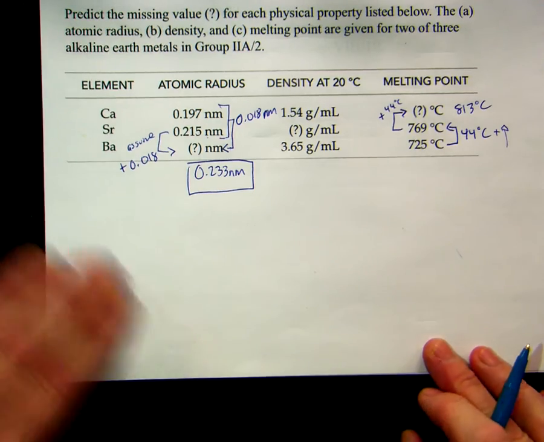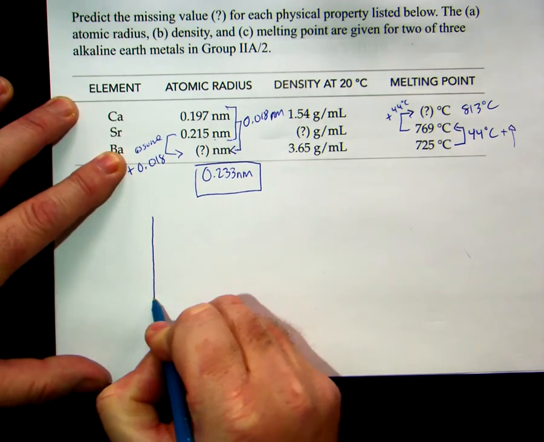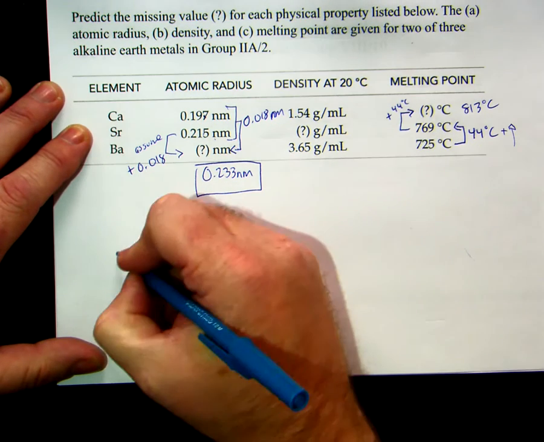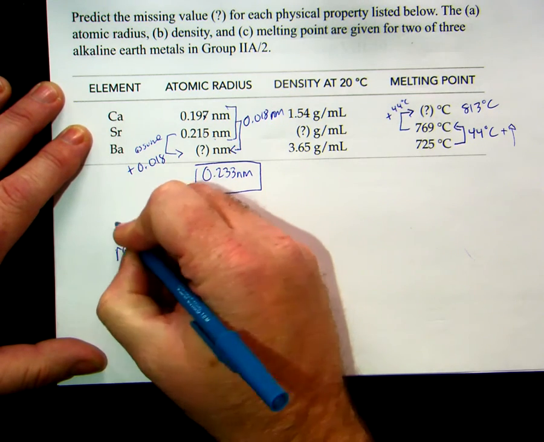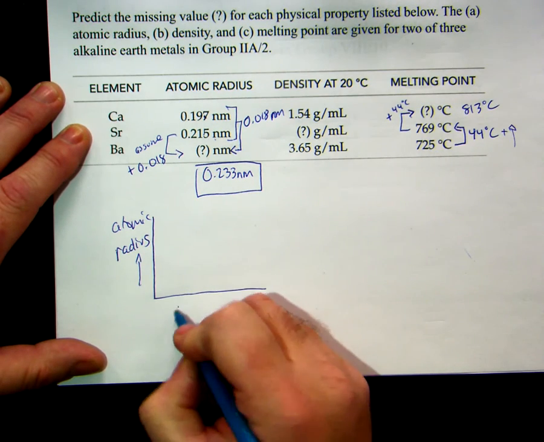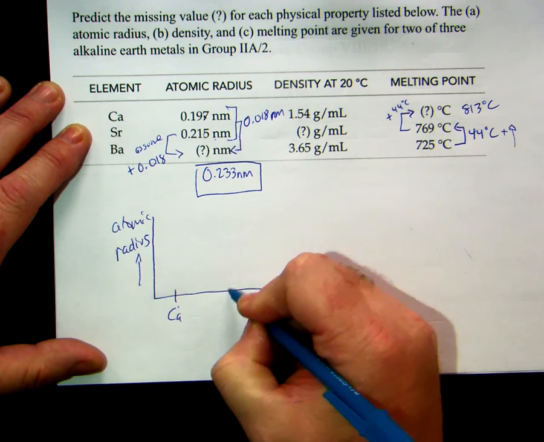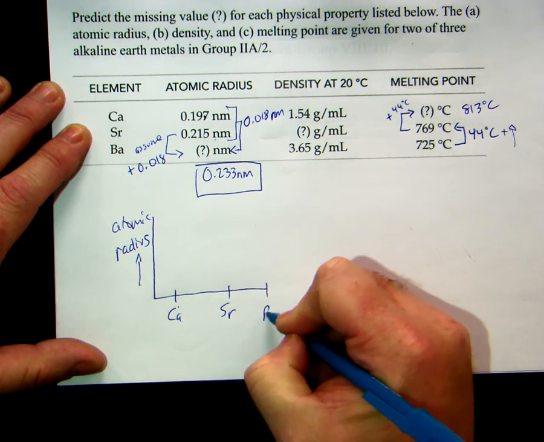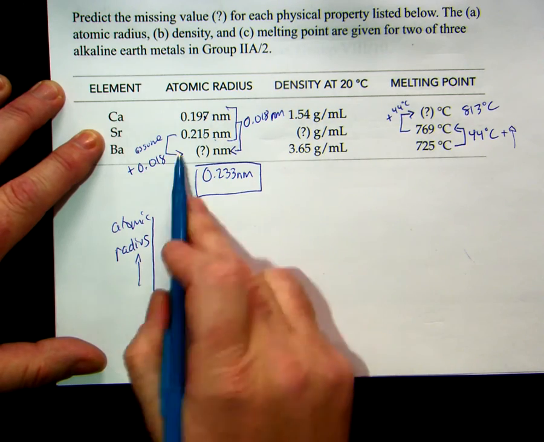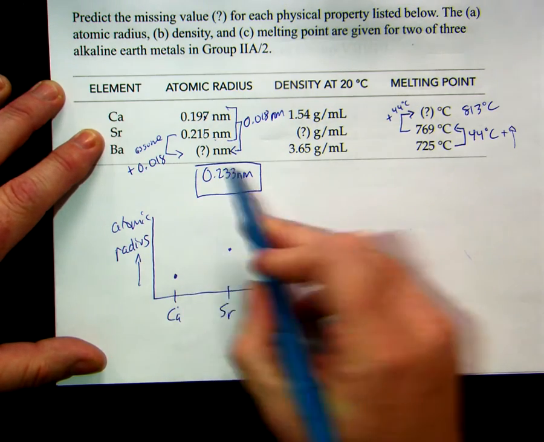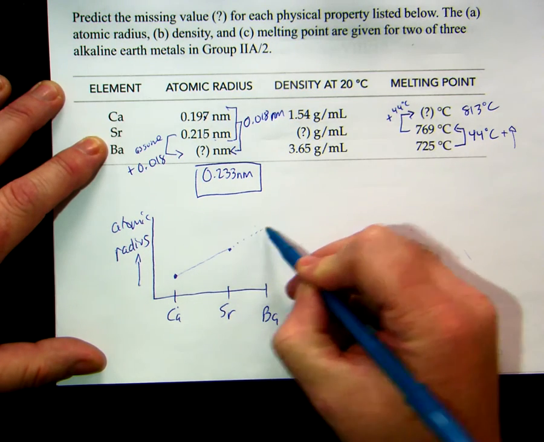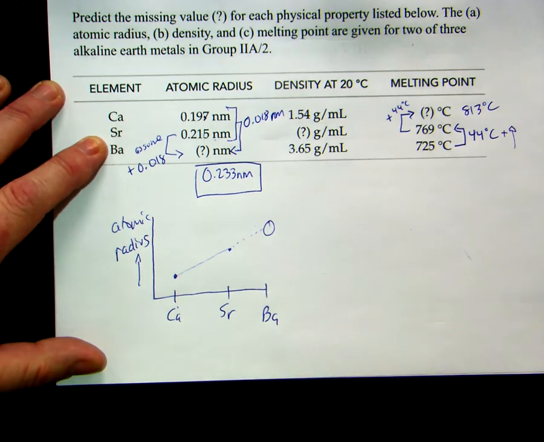So what we've done here, if you're a math person, is in this case, we notice that the atomic radius was increasing. So here's our atomic radius going up in that direction, and here's our element, calcium, strontium, barium. For this one, we notice calcium would be about here, strontium would be about here, and then we said if it goes up that much here, we would expect it to go up that same amount, and then we predicted that value.